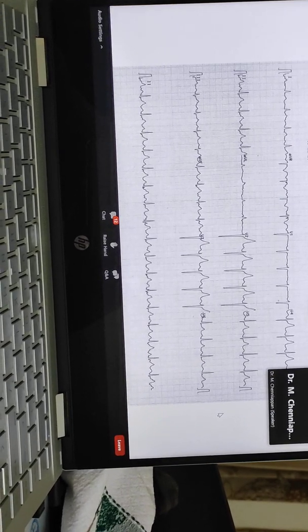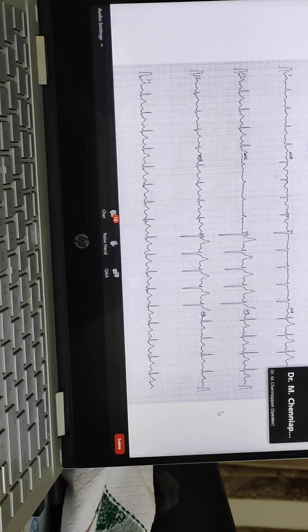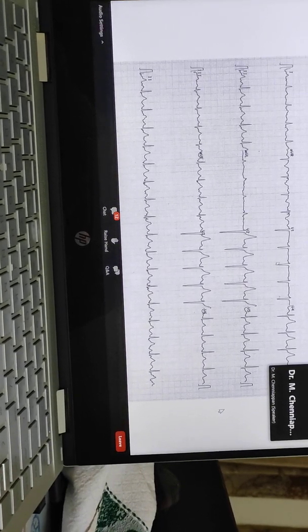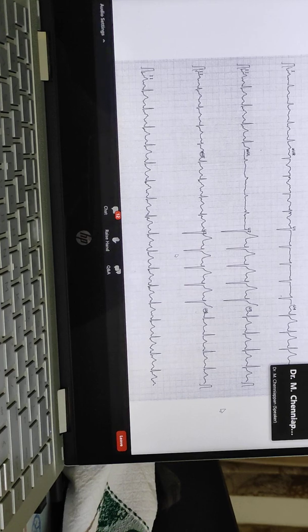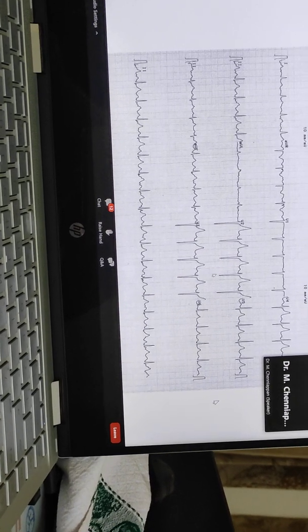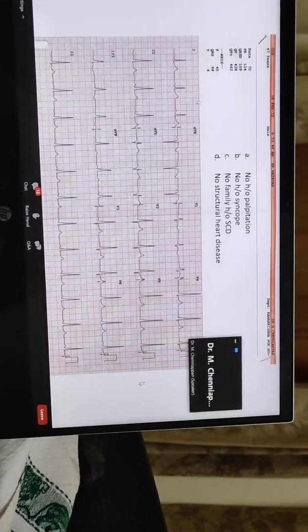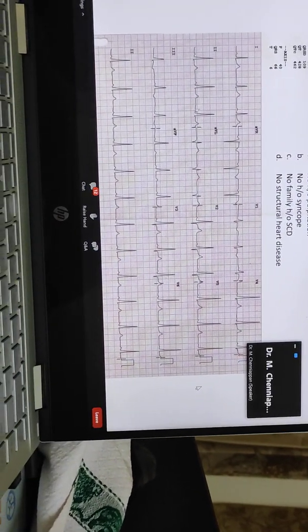What does it mean? When the tachycardia happens, your accessory pathway is not conducting the impulse. Only your AV node is conducting the impulse. It automatically means your accessory pathway has a long refractory period, so only when the heart rate is slow is it able to conduct.